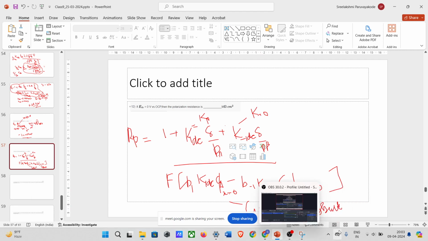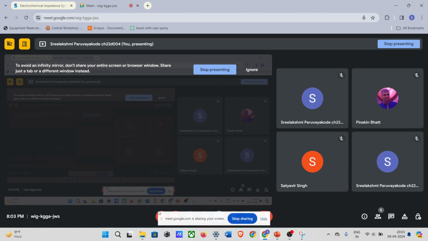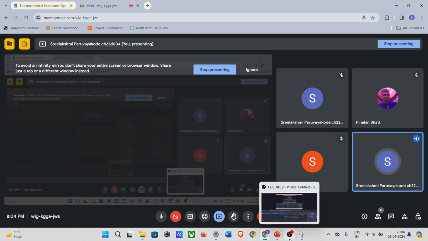Your slide is visible now. So now the slide is visible, right? Yes, it is visible. I'm not sure what happened before, so that's why I stopped. I didn't want to interrupt the class, so I was using my phone camera to capture what I was showing on the screen.